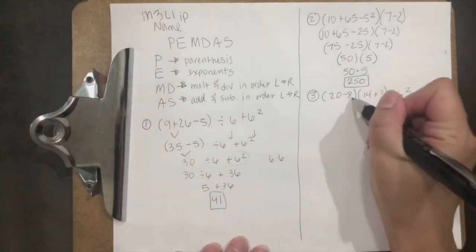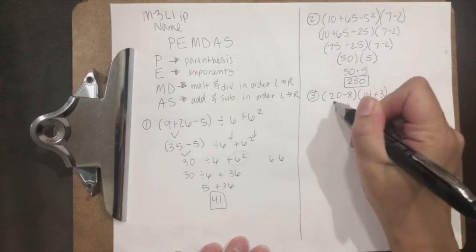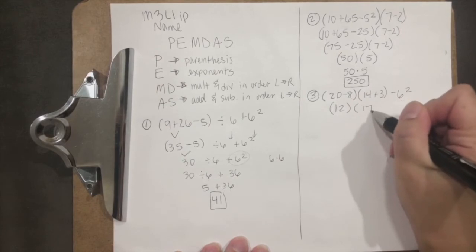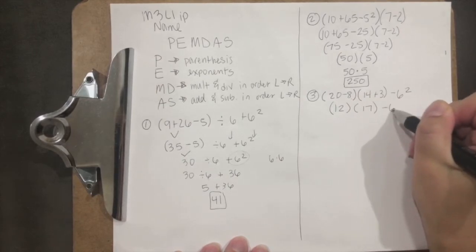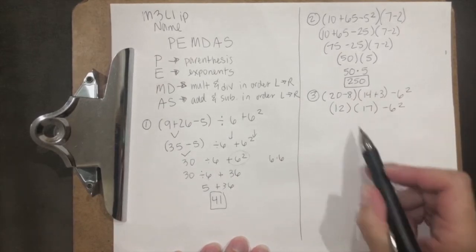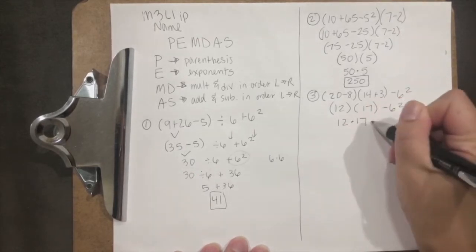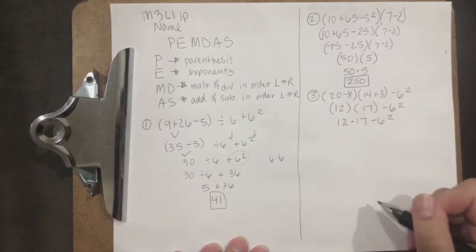So 20 minus 8 is 12. 14 plus 3 is 17, minus 6 squared. So now we can drop the parentheses. We have 12 times 17 minus 6 squared.